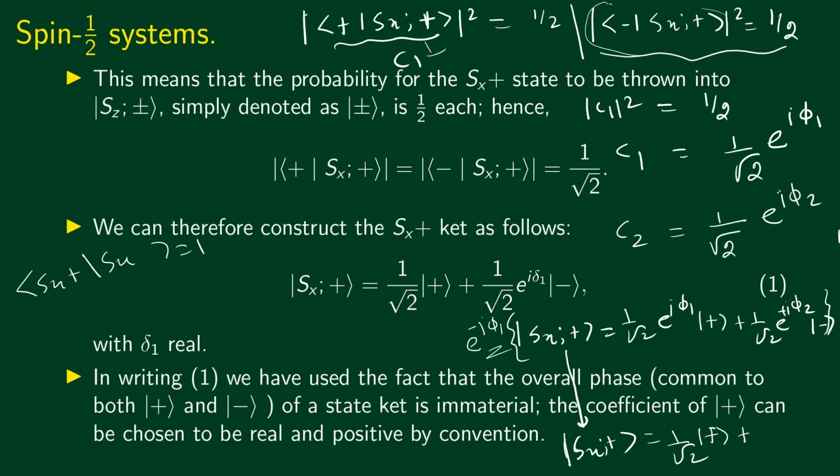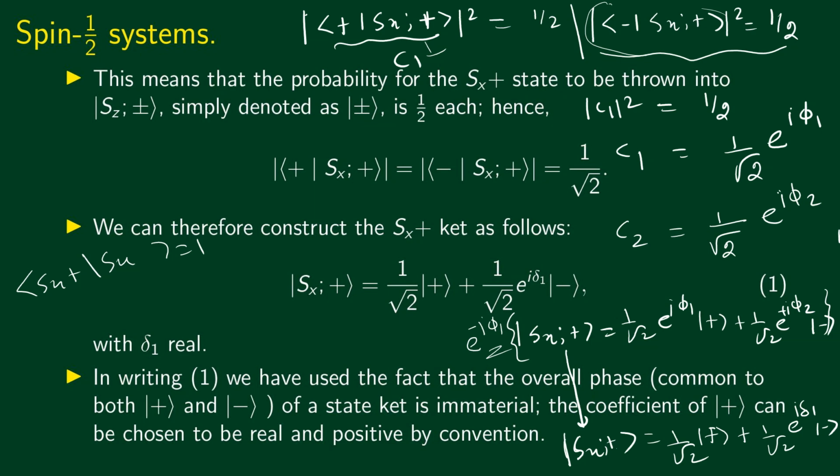That can be written as e raised to I times phi 2 minus phi 1, but this phi 2 minus phi 1 we can call some other phase, let's call it delta 1. You can write this as 1 by root 2 ket plus, plus 1 by root 2 e raised to I delta 1 ket minus.